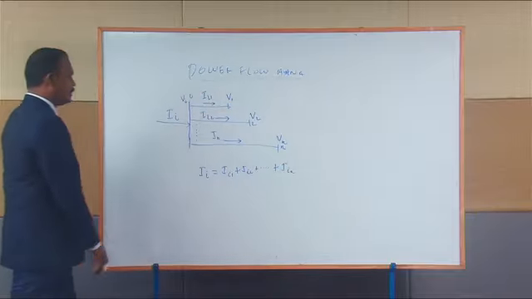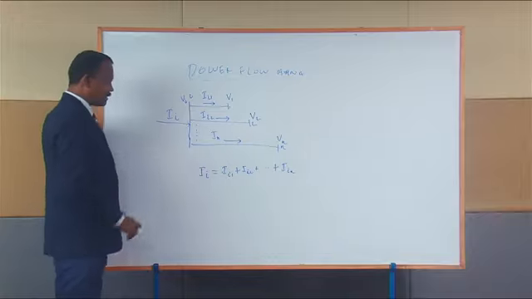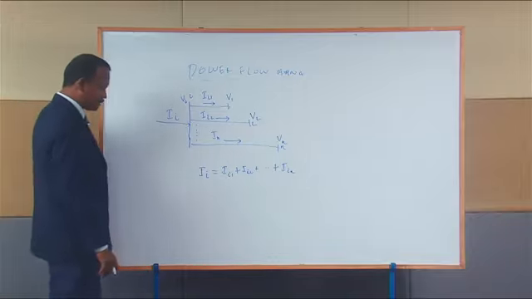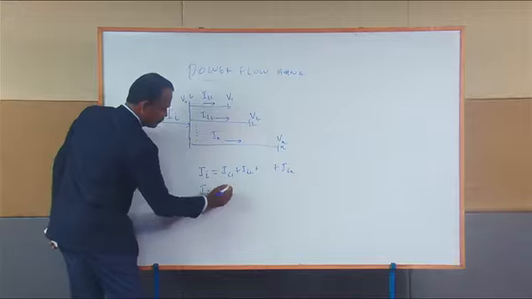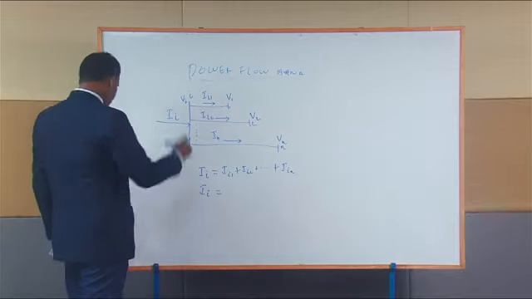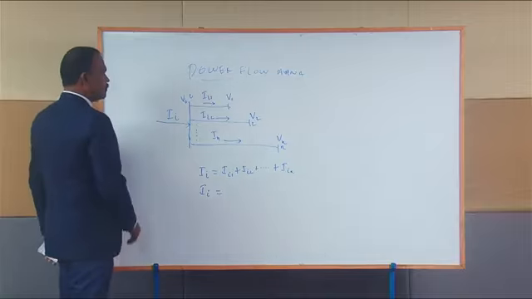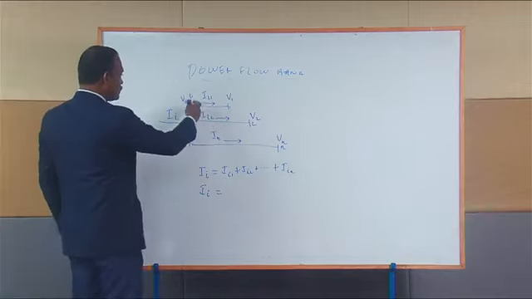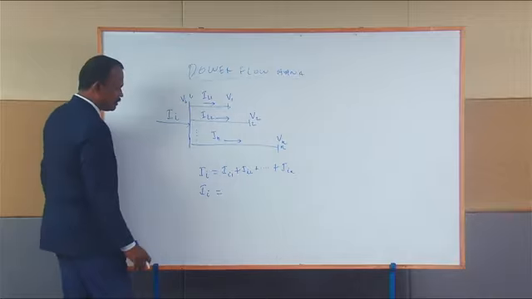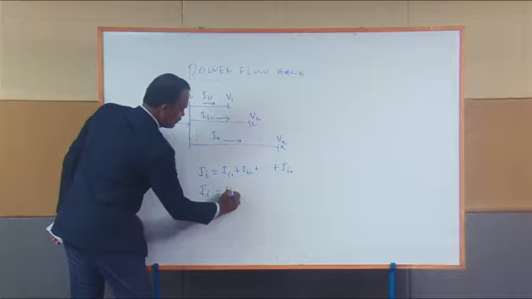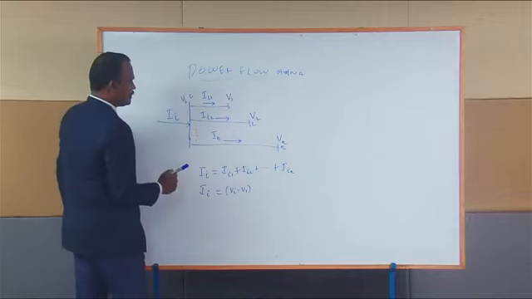Now I can calculate the current in terms of the admittances. So I can write Ii is equal to, what is Ii1? Ii1 is the current flow between the ith bus and bus number 1. I can write this as Vi minus V1 into the admittance of the line.